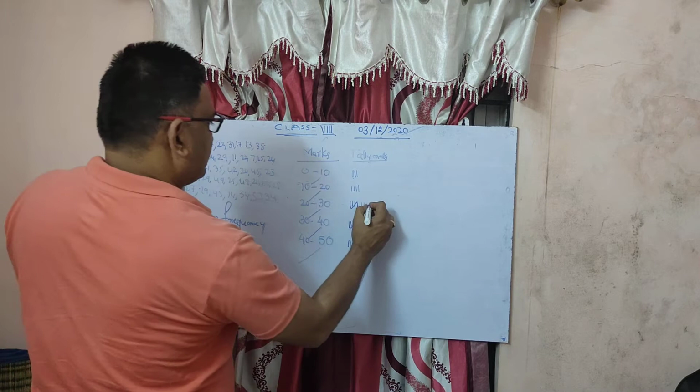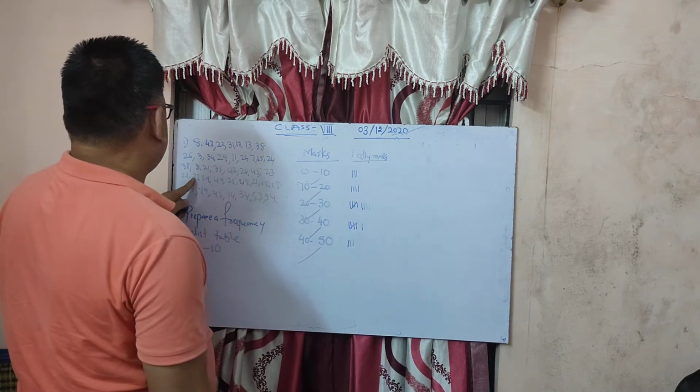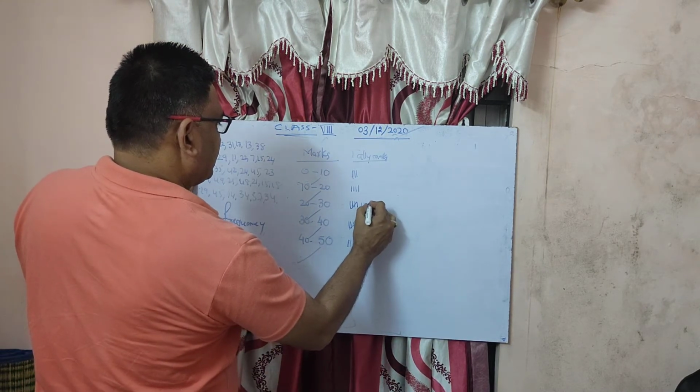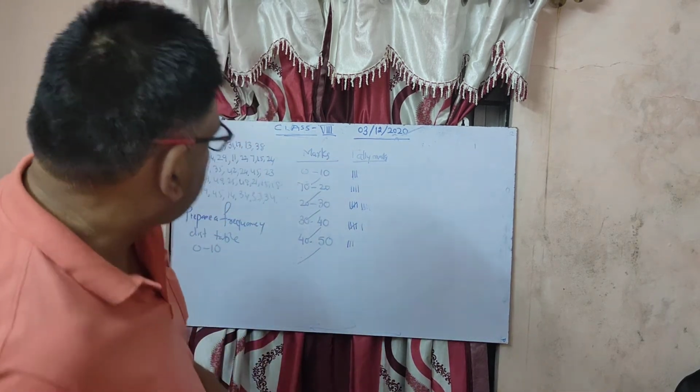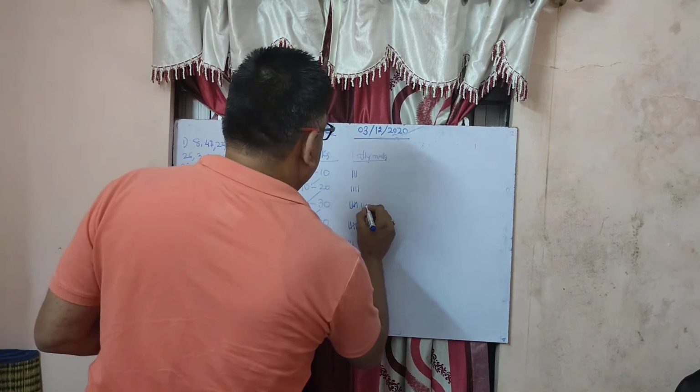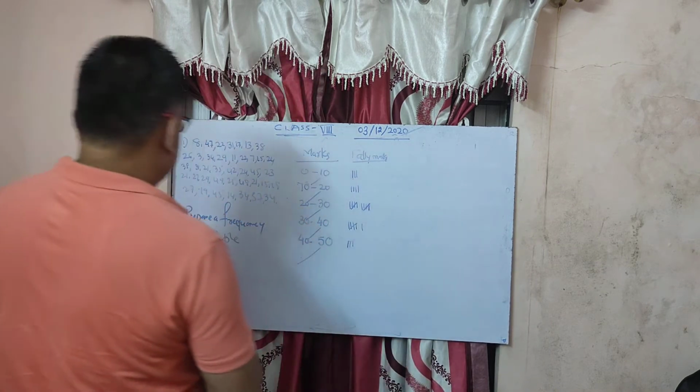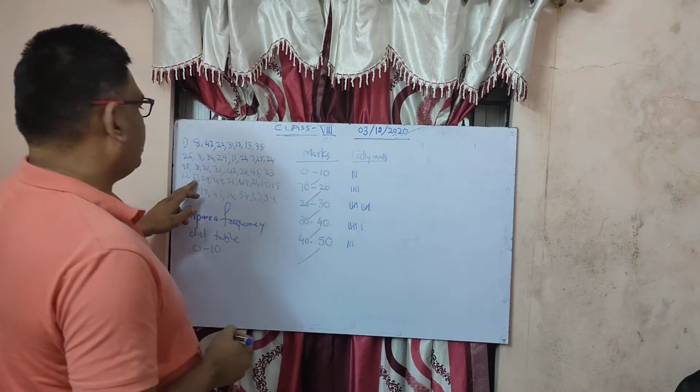21 will be again here. 27 will be again here. Now the second fifth bar continues here. Okay, now 27 is completed.